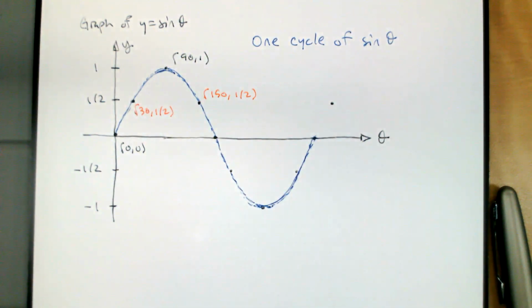So the way I do this, I start off at 0, 0. Then I go over 1 and up 2 to get to the 1/2. And then I went over 2 and up 2 to get to the 90.